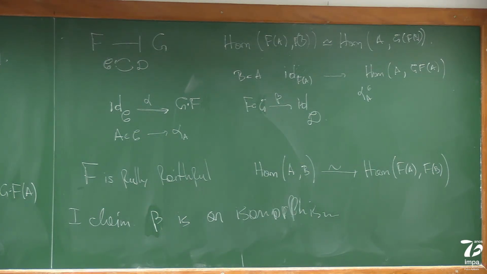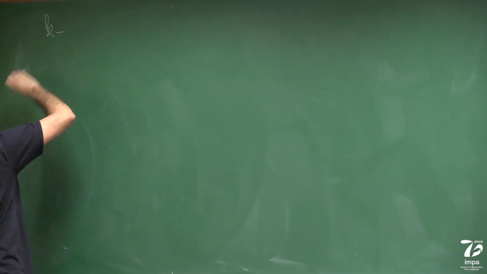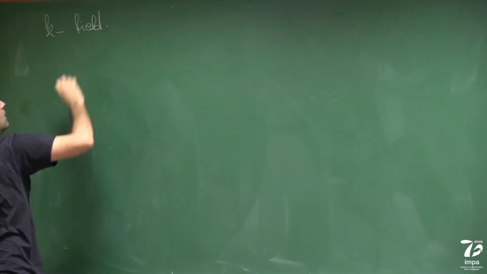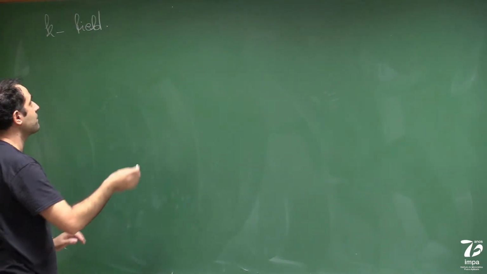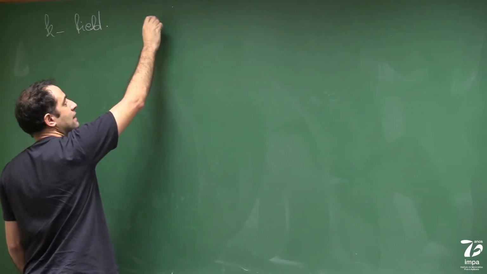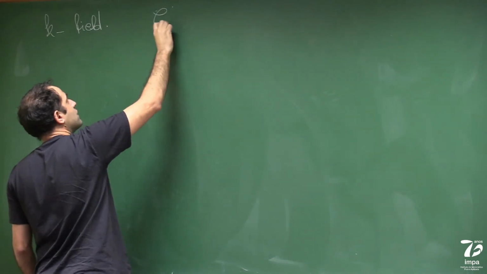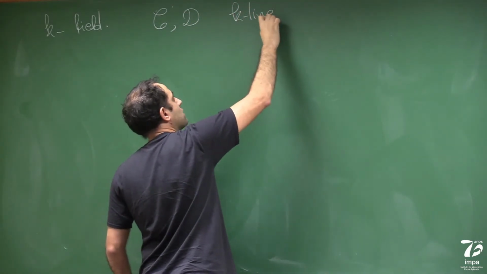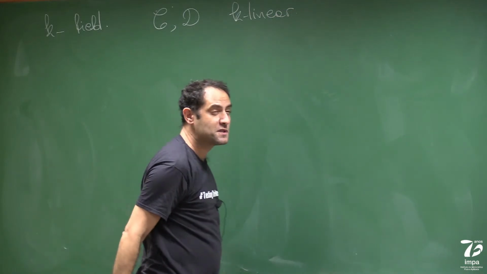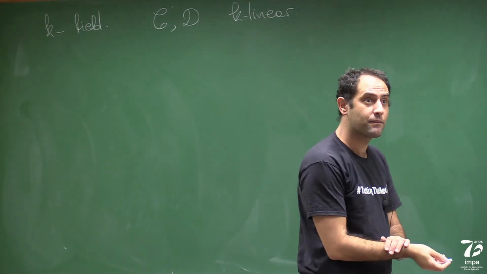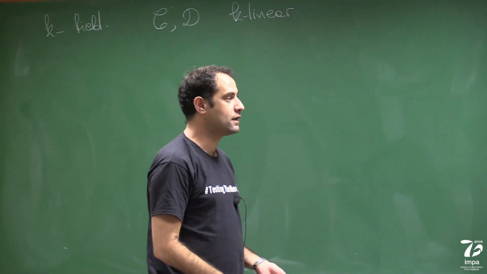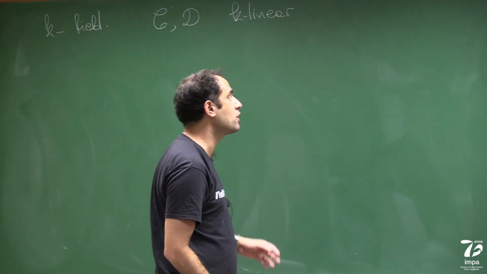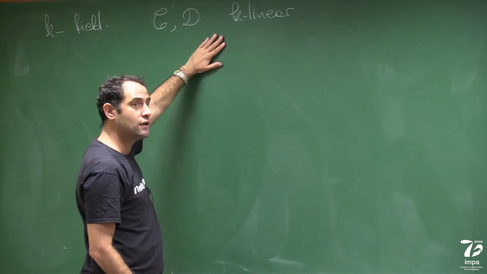So let's remember, I'm going to choose K a field. It could be just a ring, but let's just pick it to be a field. And let's take our categories to be linear. So my categories C and D are going to be K-linear. Remember, this in particular implied that the hom spaces are K-vector spaces, and the compositions are K-linear, and adjunctions are going to be of linear functors and so forth. I'm never going to use any functor that is not linear.